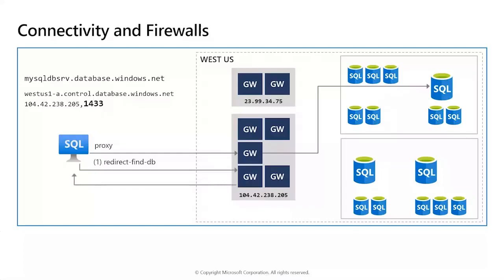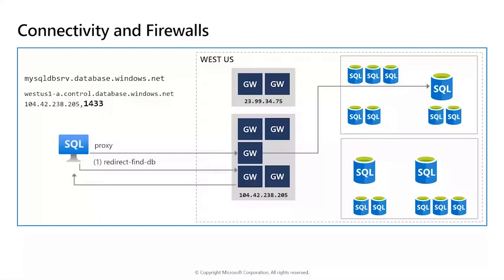So in this mode, all connections are proxied via the Azure SQL database gateway, which means there is a bit more latency and reduced throughput. And for connections to use this mode, the client needs to allow outbound communication from the client to the Azure SQL database gateway IP address on port 1433.